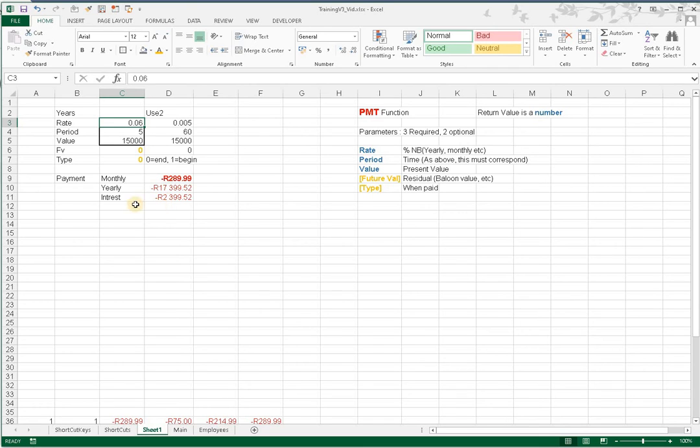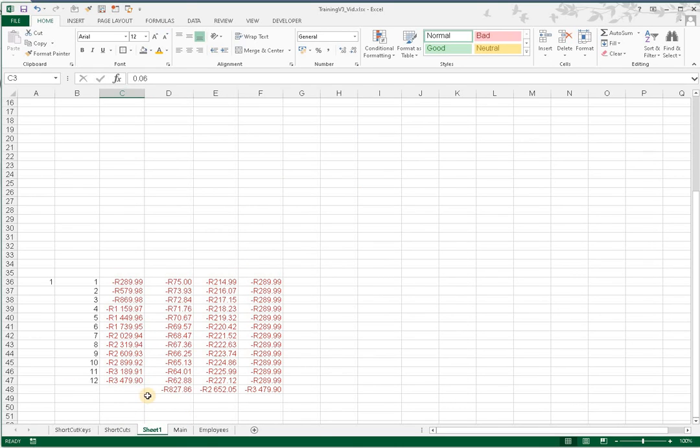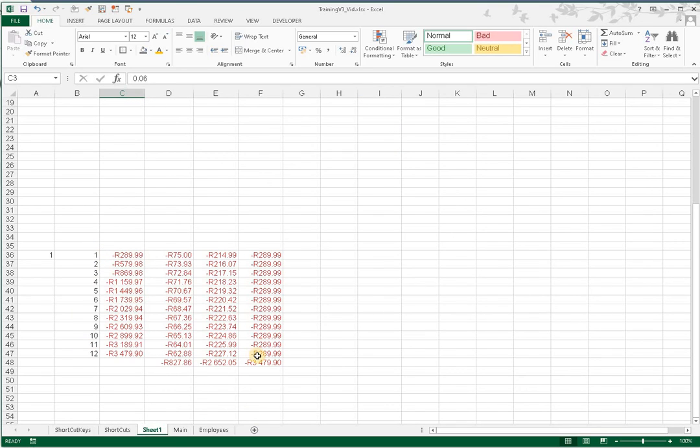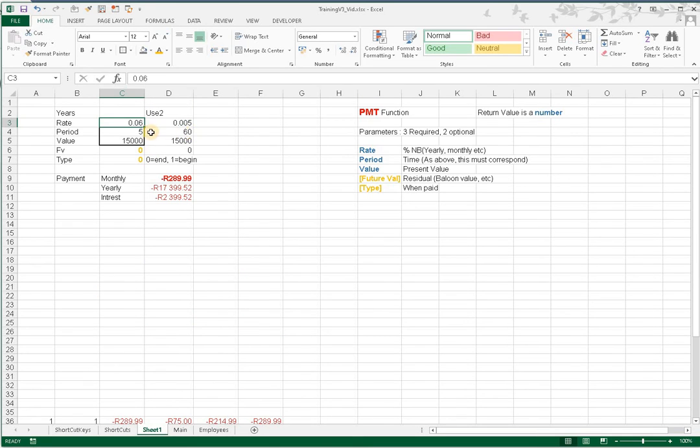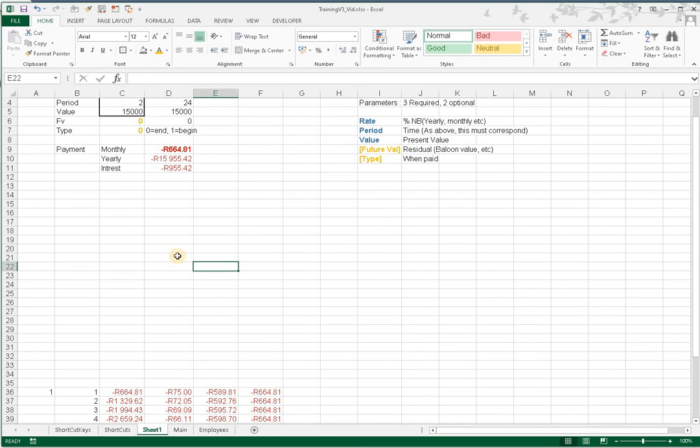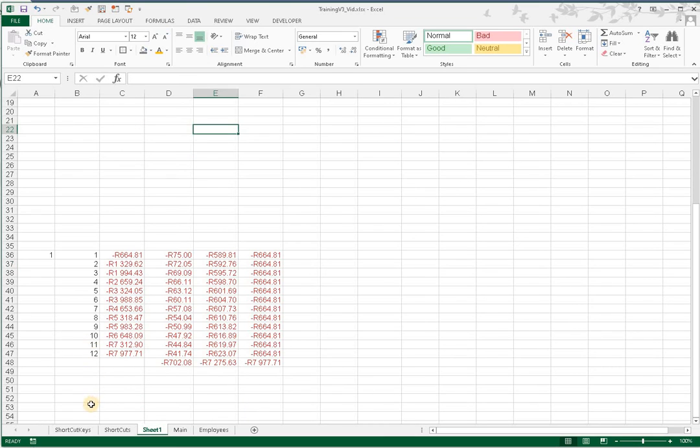I only wanted to quickly show you the IPMT and PPMT part of a loan. The problem is that this table is only for 12 months. So now I have to increase the table to show 60 months. And if I did this over 2 years, it would be 24 months, so I'd have to increase this to 24.